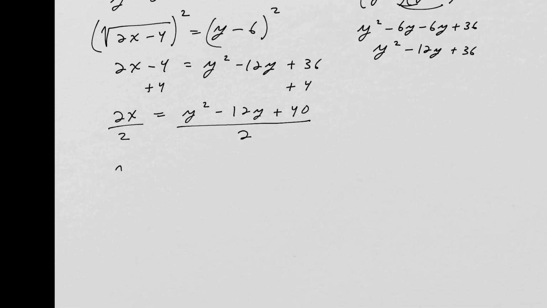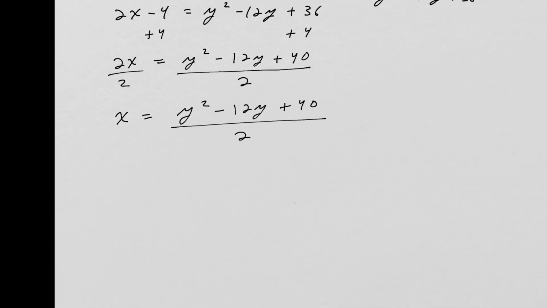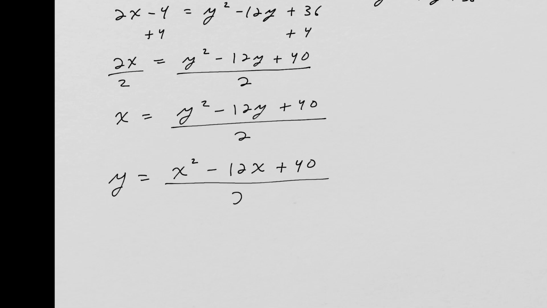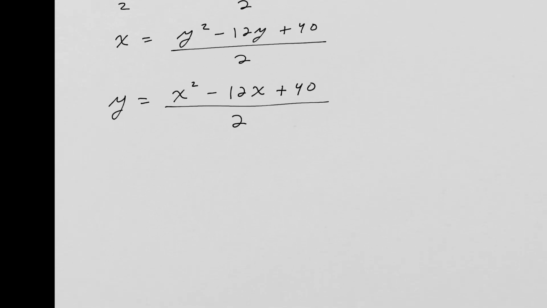So I'm going to get x is equal to y squared minus 12y plus 40 all divided by 2. And now we switch the names, right, the variables. The x becomes y and the y becomes x. And that is our inverse.